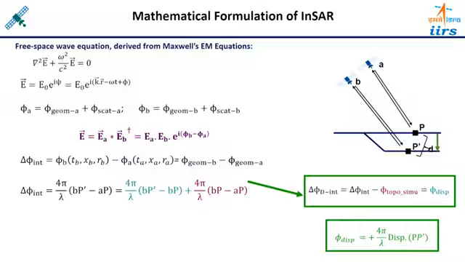But in reality, when we acquire one SAR image and then another SAR image, the atmospheric conditions are totally different. If atmospheric conditions are different, it means the scattering of both the signals will be different. So the scattering phase is not the same, and omega t we are assuming 0, but in reality it is something.